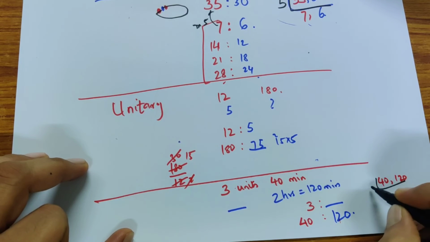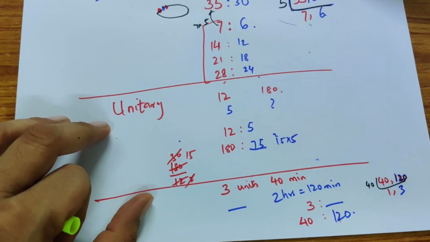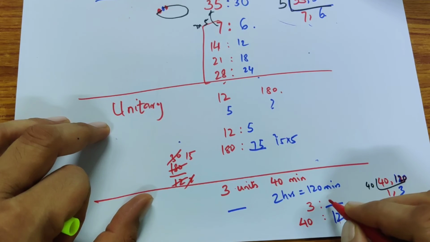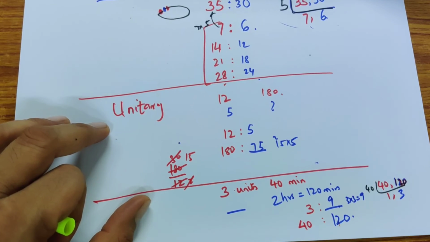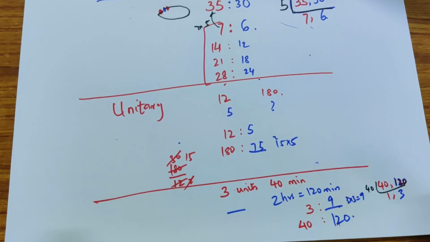So this is of course 40, so I get the core is 1:3, and so if this was 3, then I have to multiply both of them by 3. So this one will become 3 times 3, which is 9. So if you prefer doing it like this, it's also possible, but the principle is the same. But perhaps you find it easier to do it like this, you can do it like this.